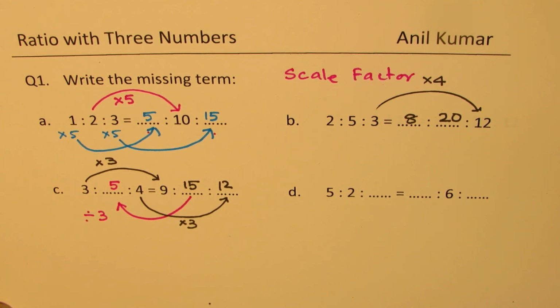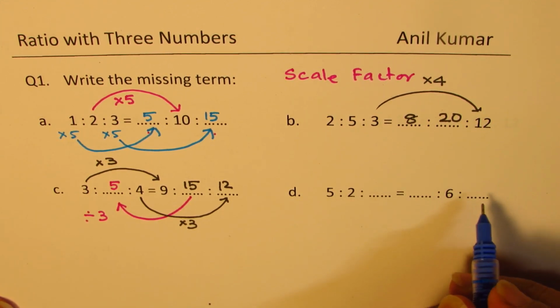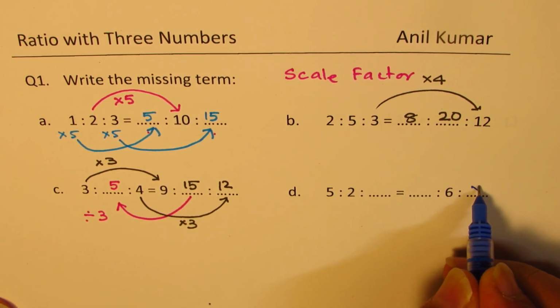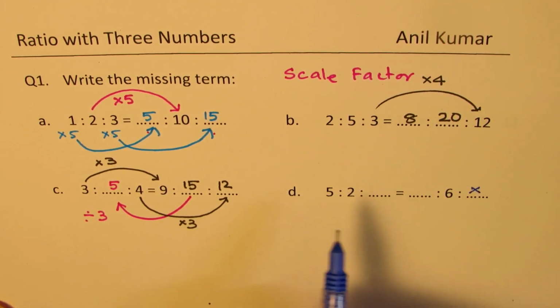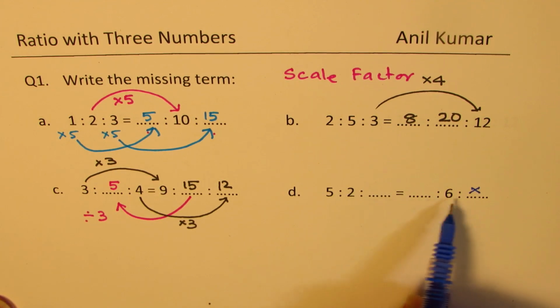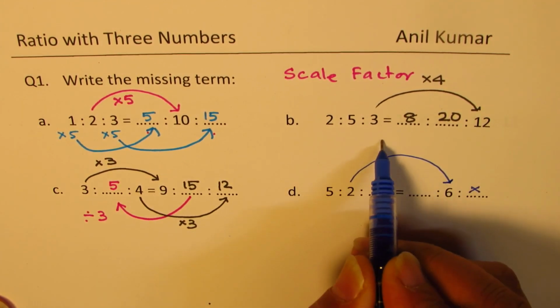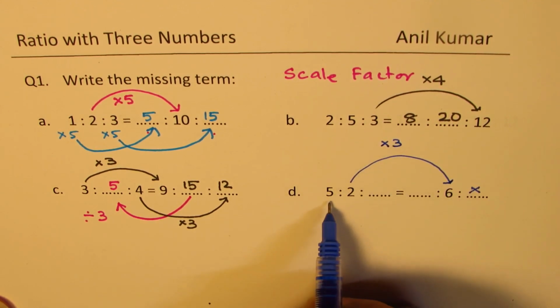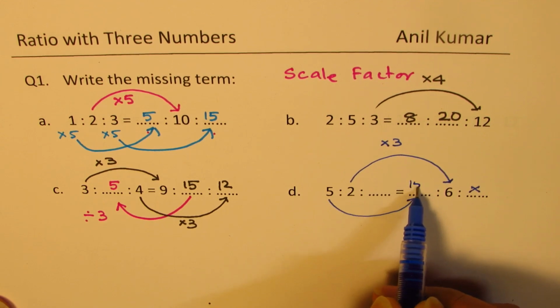Now, let us see how to do the next question. Now here again, we will place some number x this time, okay? So I'm not writing any number, but I'm just writing a variable x. The numbers given to us are 2 and 6. From 2, we can get 6 if I multiply by 3. So we can multiply 5 by 3 and get the number 15.